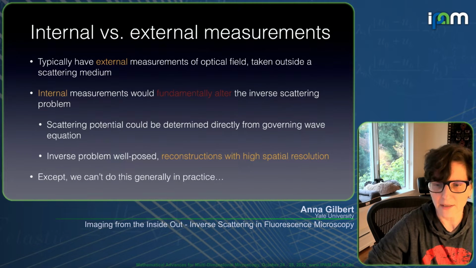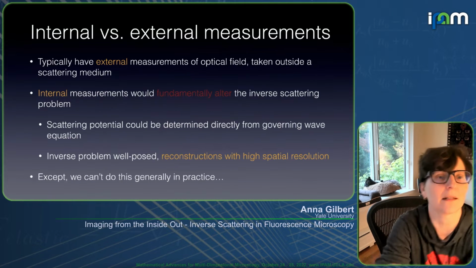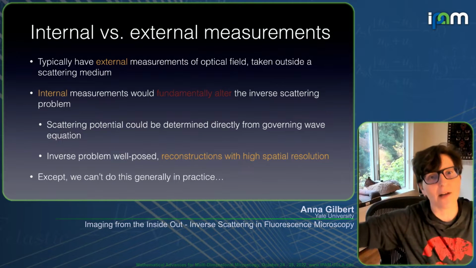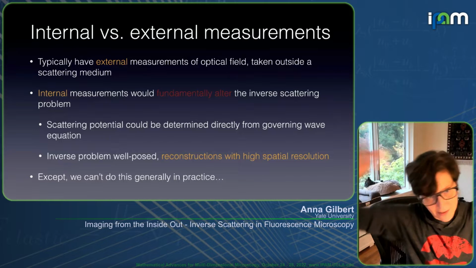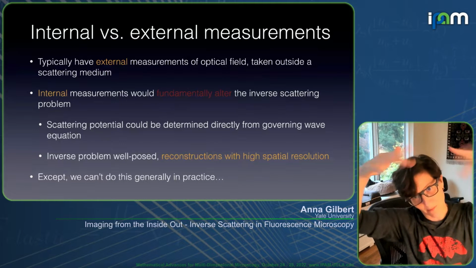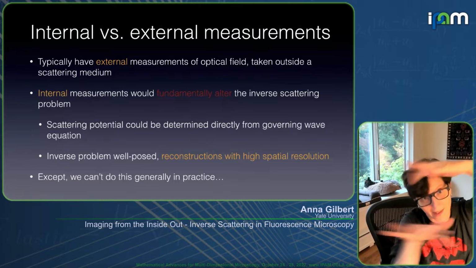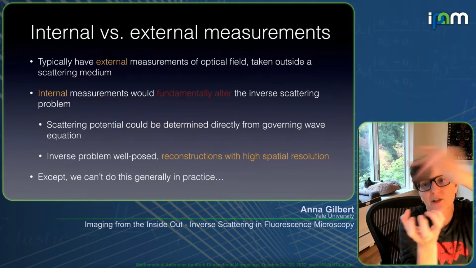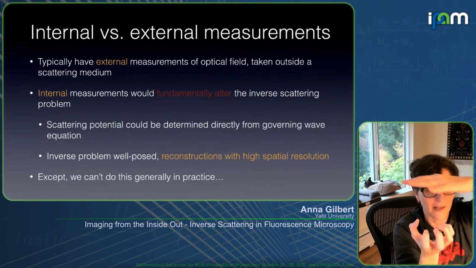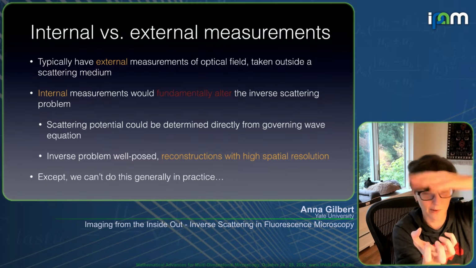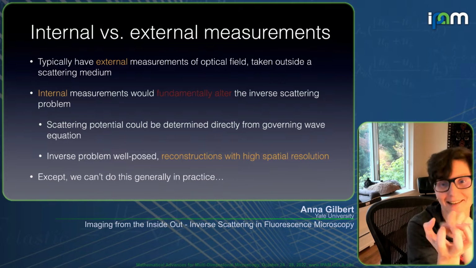And the idea is that, I'm going to play off internal versus external measurements. Typically in one of these optical systems in this microscope, you have external measurements, outside of this object that you're trying to image, and your measurements are taken outside the scattering medium, and it would be fantastic if you could actually measure inside the object.